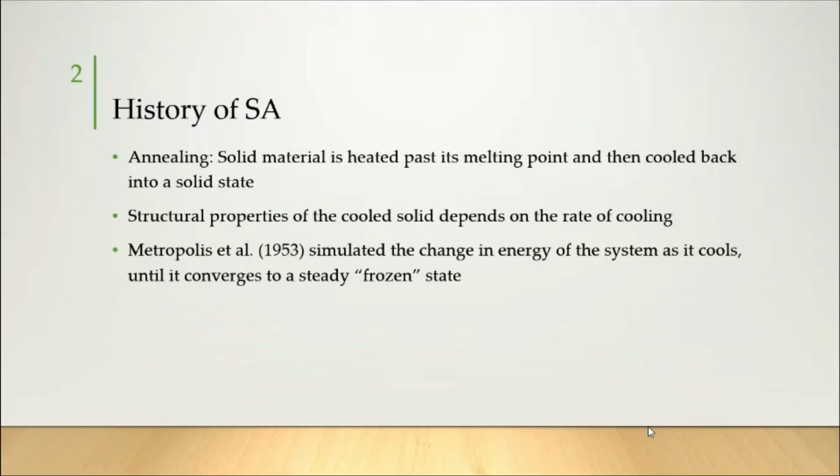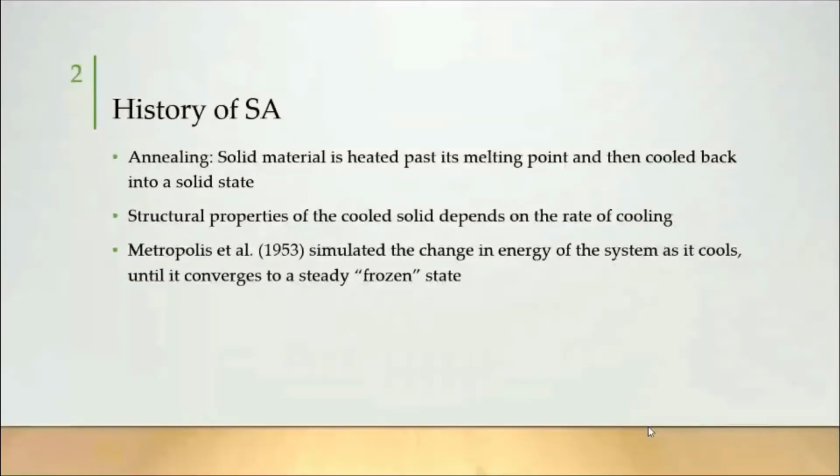When the cooling rate is very low, the solidification happens in a specific way, so that we get specific properties of the material. The molecules in the material get sufficient time to settle down to their lowest energy point. So the structural properties of the cooled solid depend on the rate of cooling.